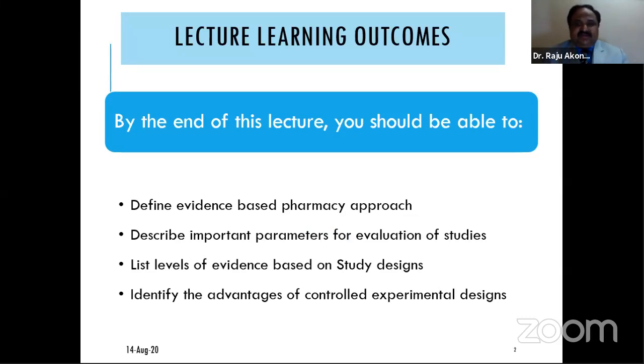Identify the advantages of controlled experimental designs. What are the basic differences between observational and experimental studies, and what are the advantages of those experimental studies? So this is the basic idea of having this session, and this session will try to cover all these aspects.